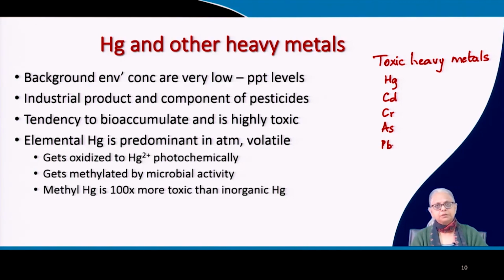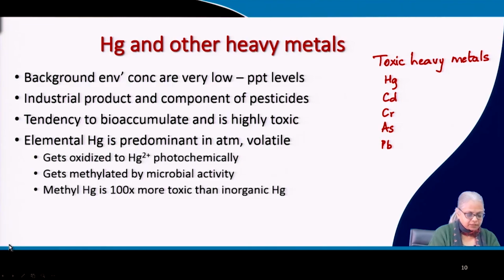So, these are considered the 5 toxic heavy metals which have no beneficial properties. Okay. So, we will go through the cycle for mercury.